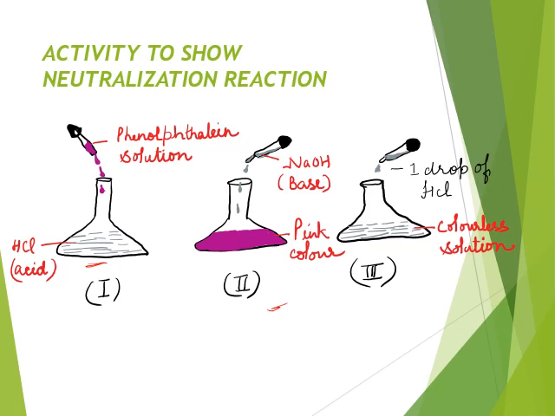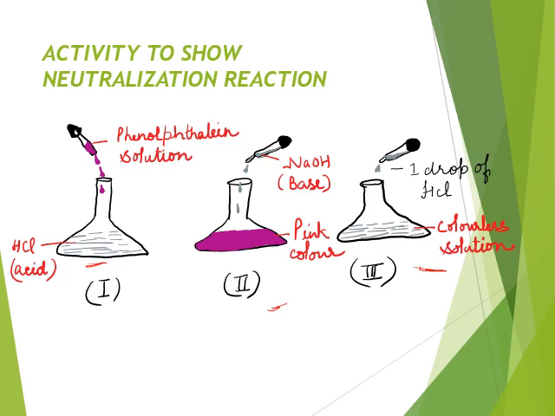But when one more drop of acid is added to the solution, the acid and the base have neutralized each other's effect. And I have told you earlier that a neutral substance will not show any color change with any indicator. So this shows that the solution has become neutral in this third case.